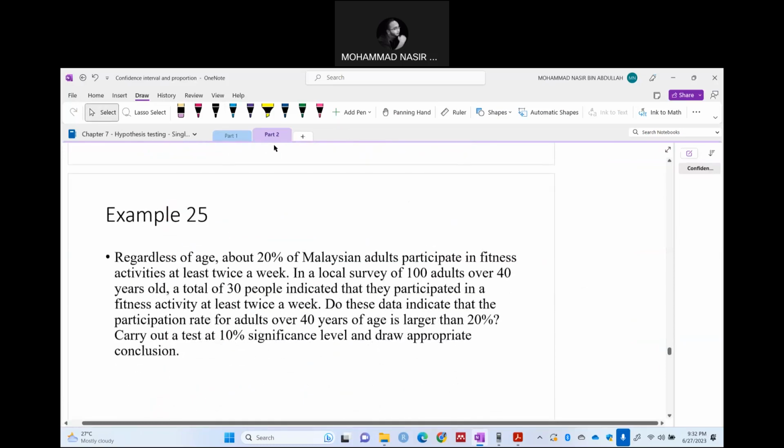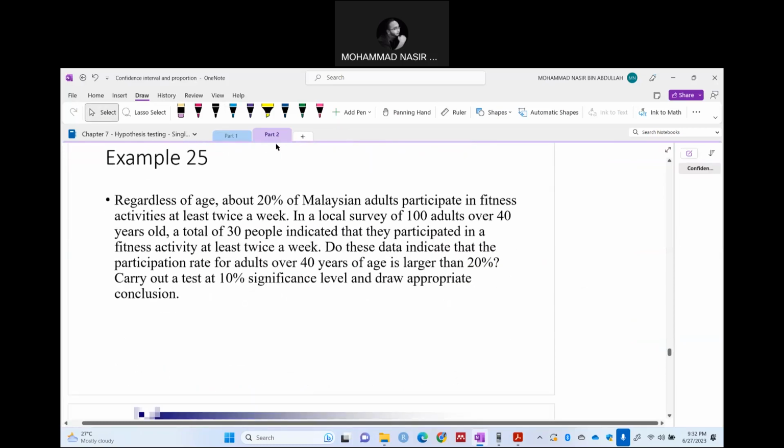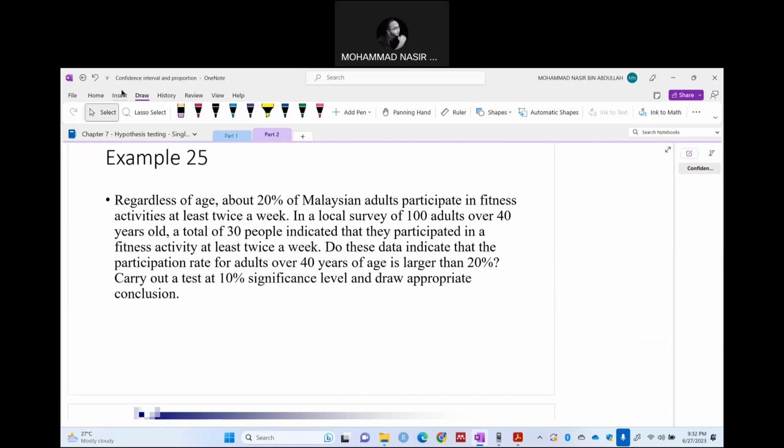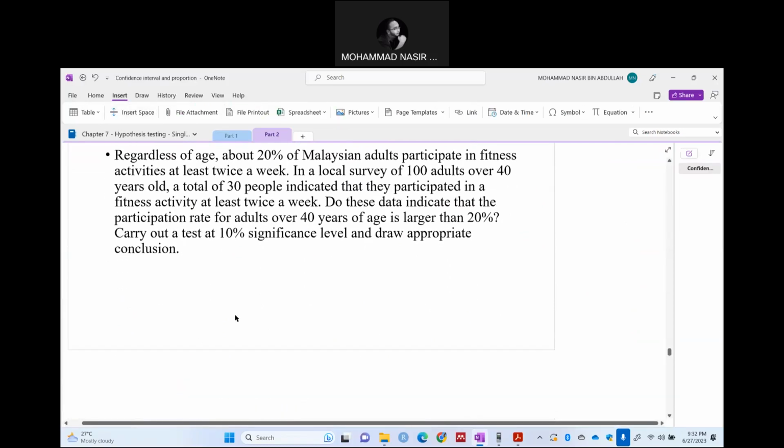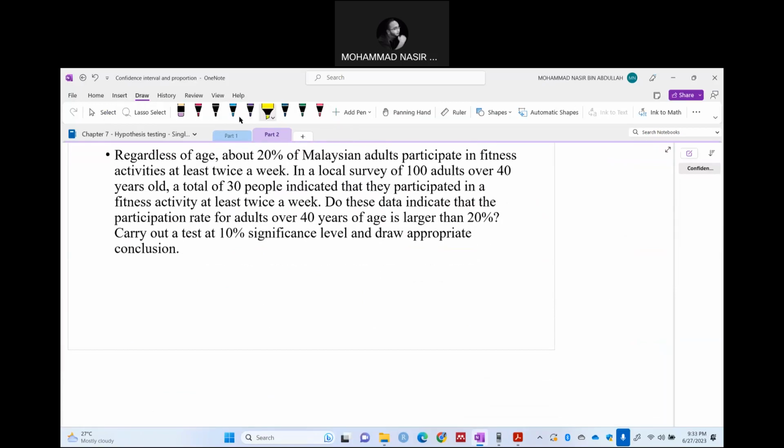So now let's look at example number 25. 20% of Malaysian adults participate in fitness activity at least twice a week. A local survey of 100 adults over 40 years old found that a total of 30 people participate in fitness activity at least twice a week.